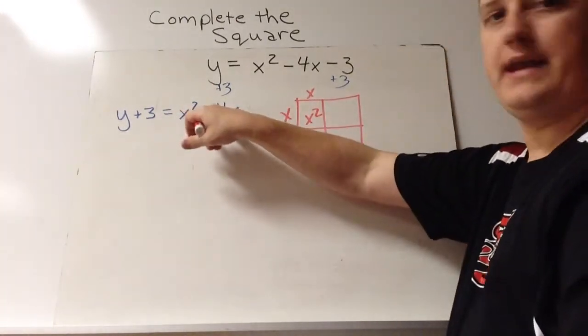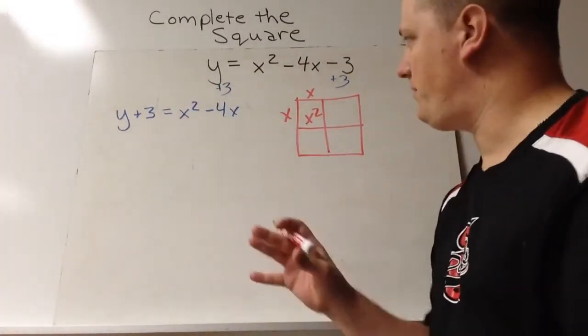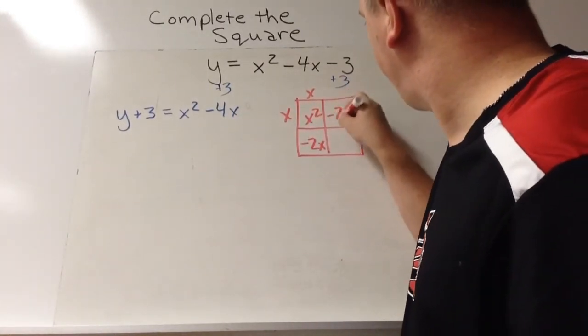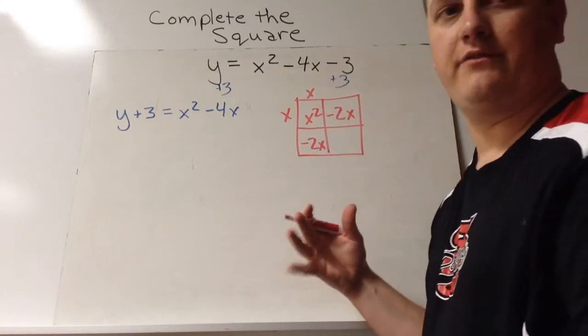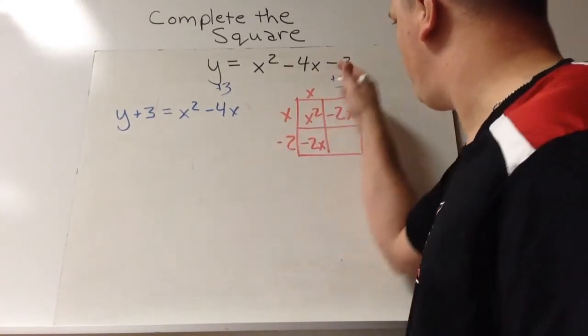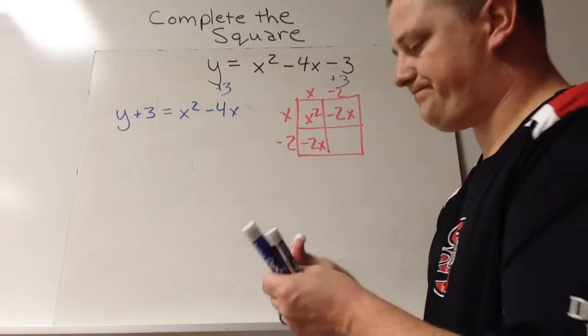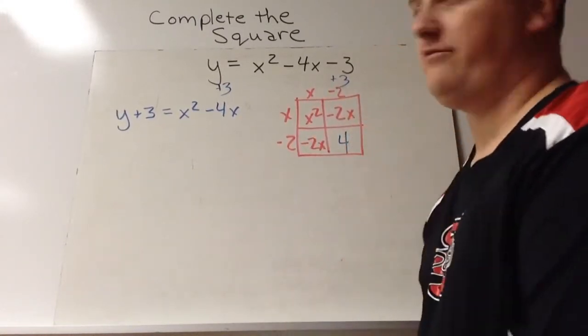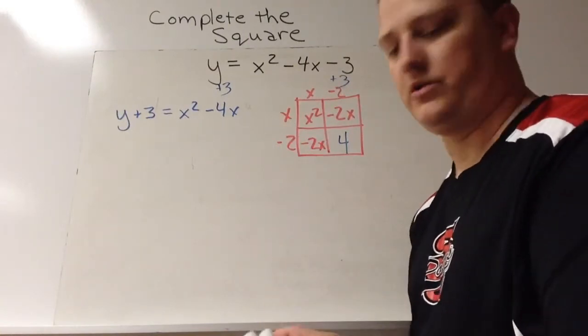We take our negative 4, this one's got a minus sign, so we need negative 4, this is going to be negative 2x. And to get that negative 2x, we need negative 2 on the outsides. Negative 2 and negative 2 make positive 4, so we have to add 4 to both sides.